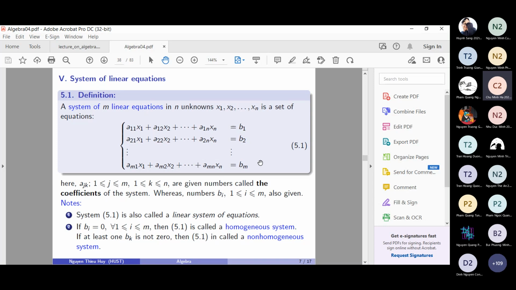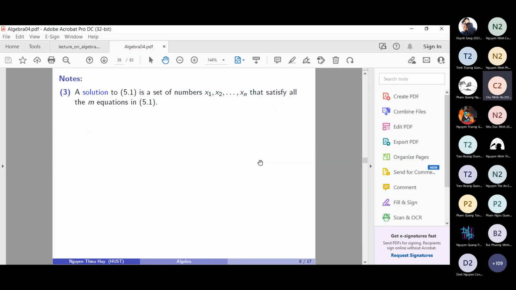Good. And now I give some notation, such as solution. A solution to this system 5.1 is simply a set of ordered numbers x1, x2, and so on, xn that satisfy all the m equations at the same time. In this 5.1, we have numbers and we put them into the equations and we obtain something identically true.